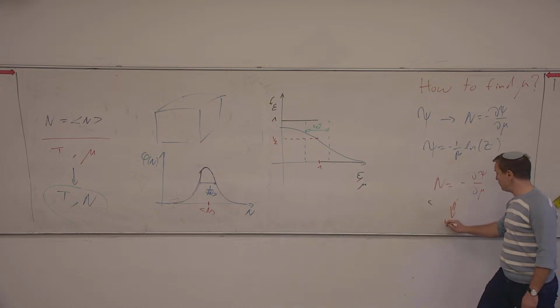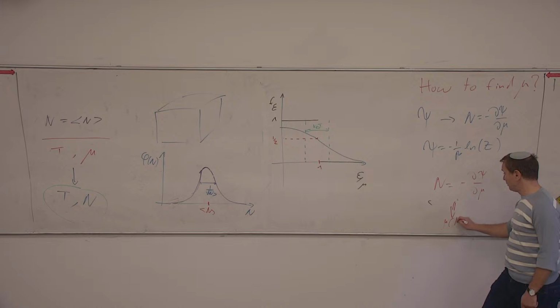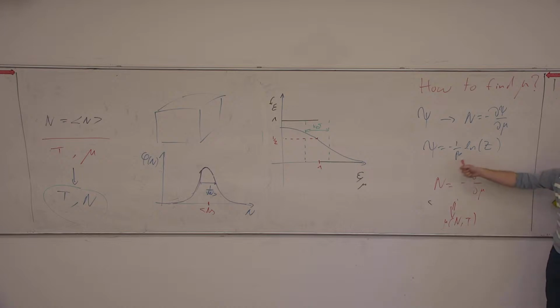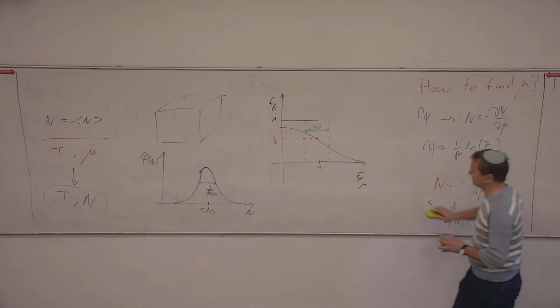I find mu as a function of N and a function of T. So this equation, I use it as a definition and I solve it in order to find mu. Okay. So let's see two examples of how it's done.